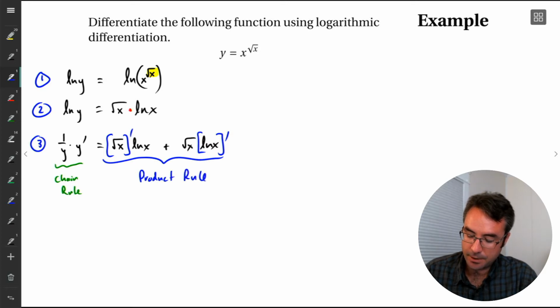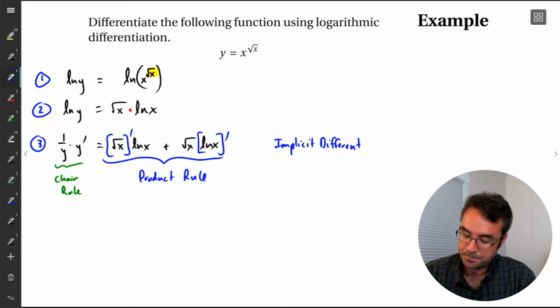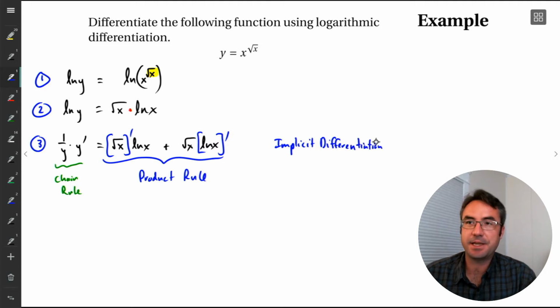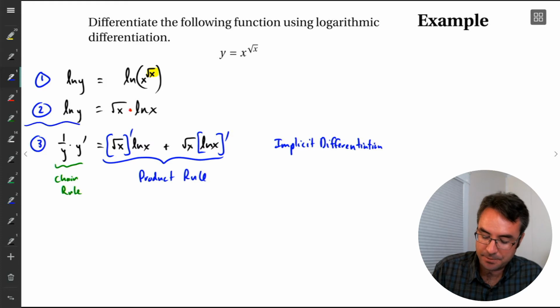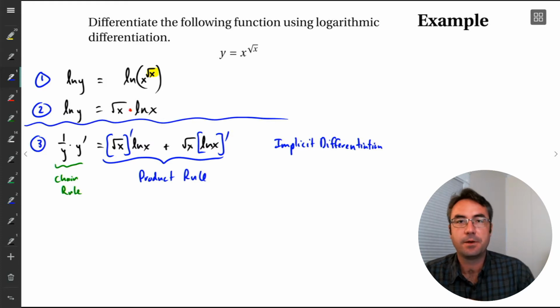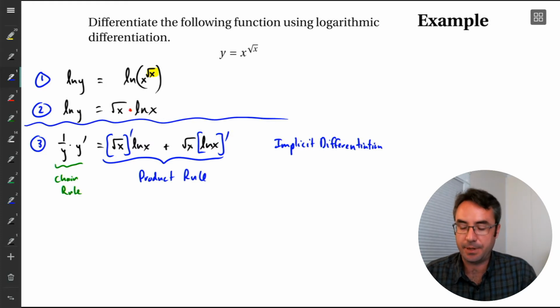So we're doing our implicit differentiation at this step. It's helpful to keep in mind, up until this point, it's just been some algebra that we've been doing. Now we're starting our derivatives.